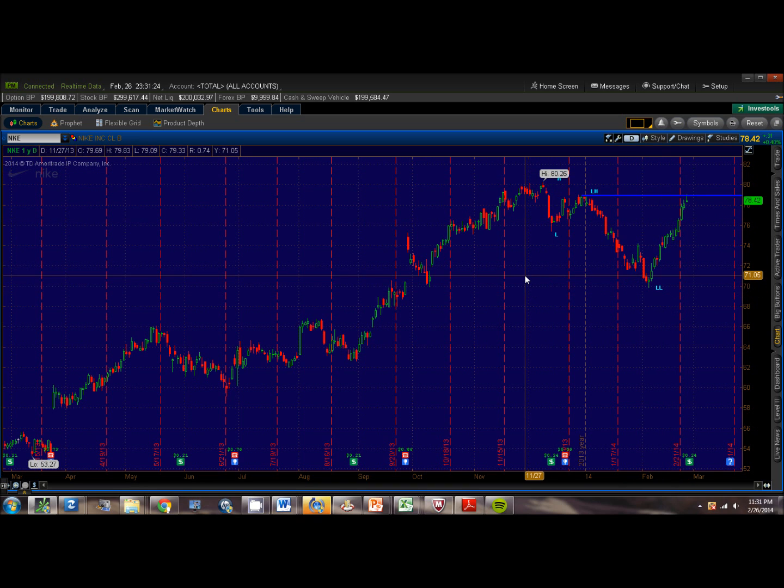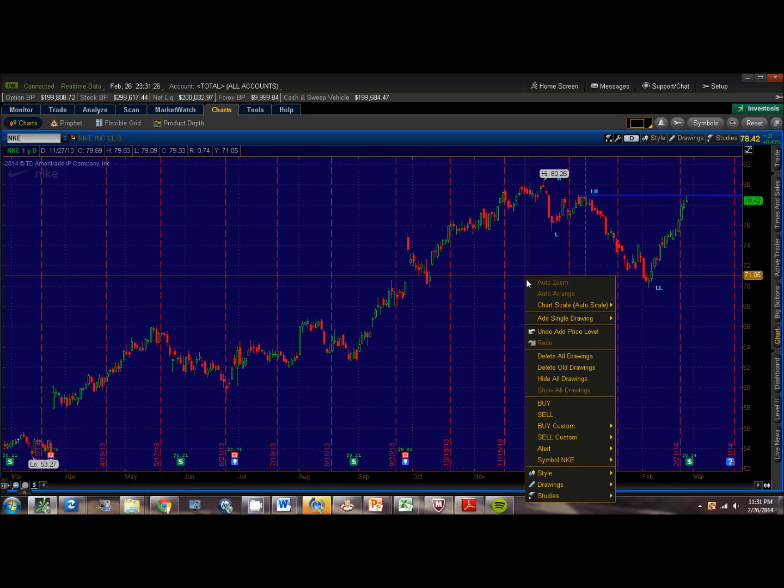What you're going to want to do is right click, go to sell custom with OCO bracket. This is how you set up an OCO bracket along with an order to establish a new position.